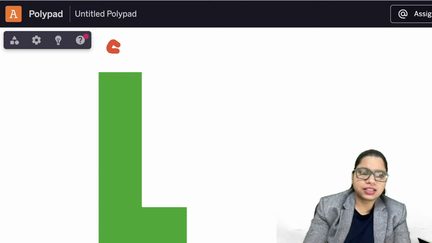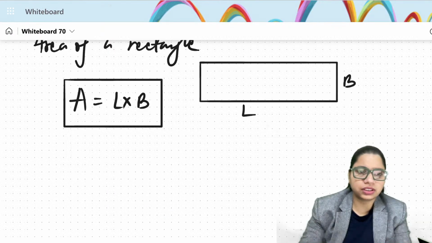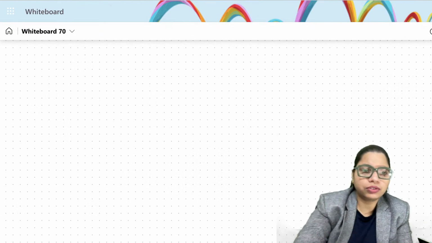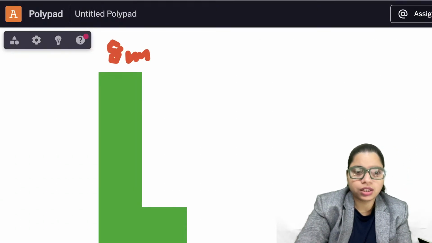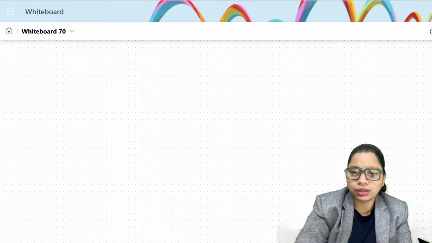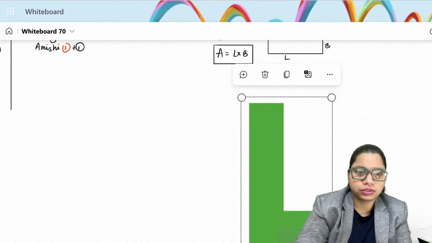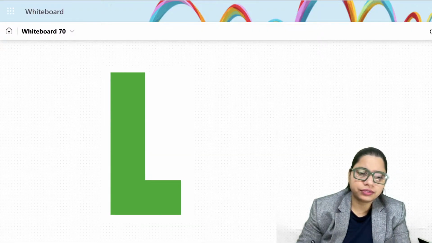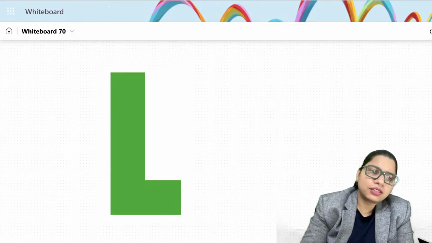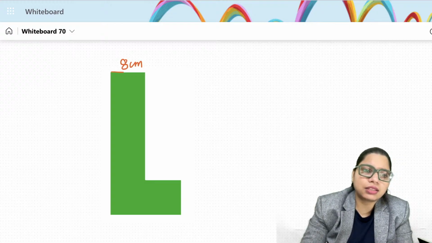I'll be picking the whiteboard. One sec. How about me just taking the shape over there? So I'm dropping the shape here. Right. This is the shape we have. This side is 8 centimeters.